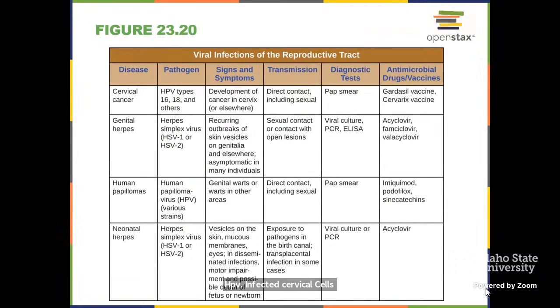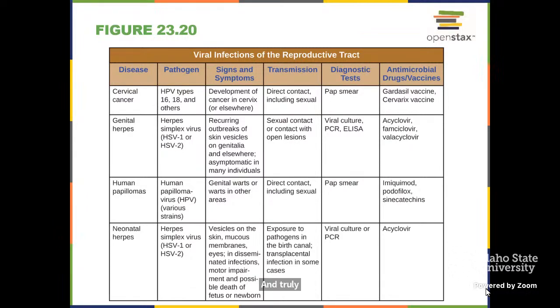So a shorter list, but still a lot of players when we think about the virus, because there are numerous ones that may set the stage for cervical cancer, and truly others, as I just mentioned.